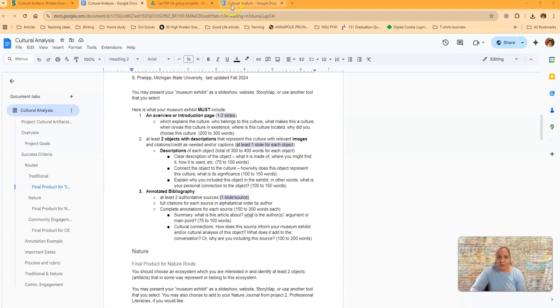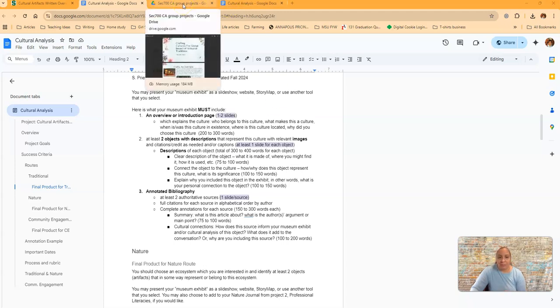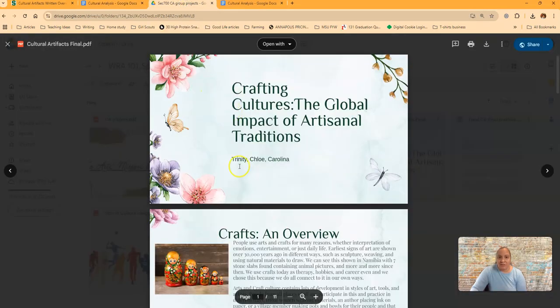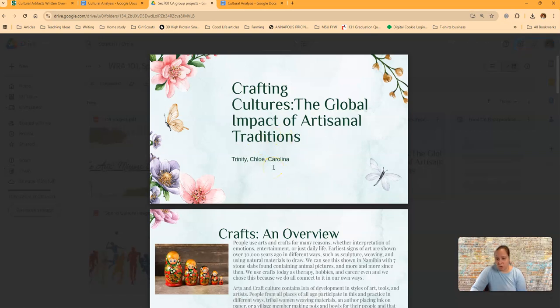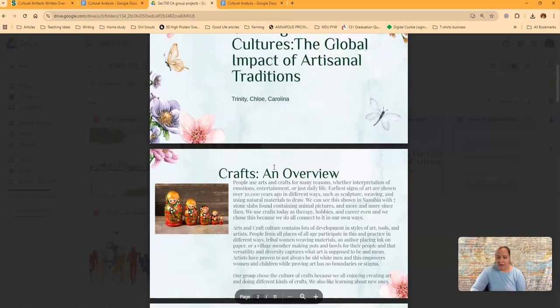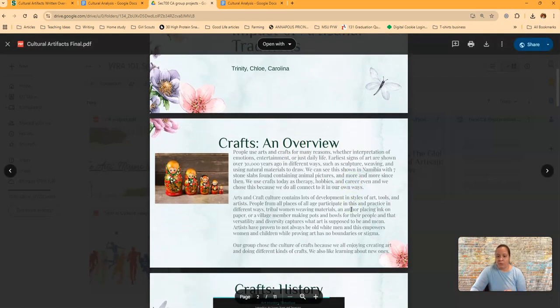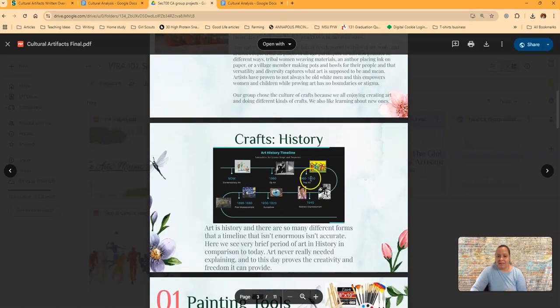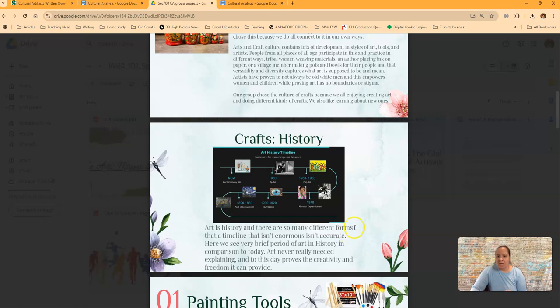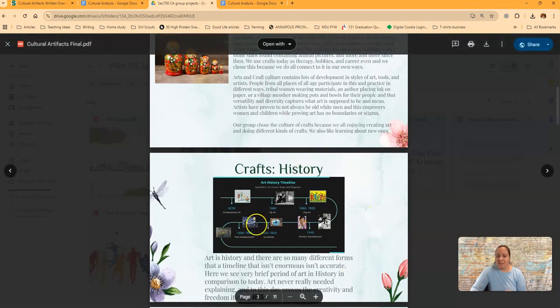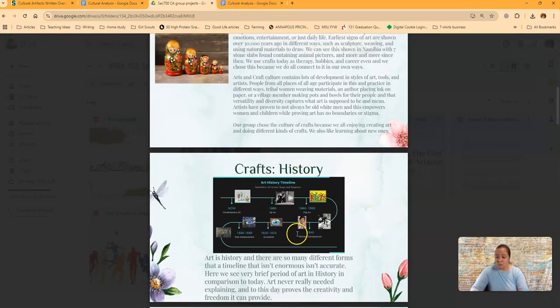So let me just show you an example here. This is from a previous semester. And this particular group talked about a crafting culture. So people who like to do arts and crafts. And here we have a bit of an overview where they're explaining it, and then they provided a history with kind of even a little bit of a timeline. Now, as you can see, this definitely is going to have some source work here.